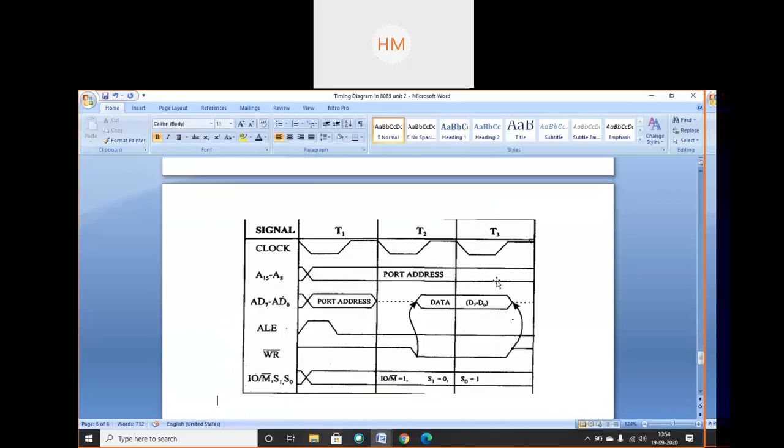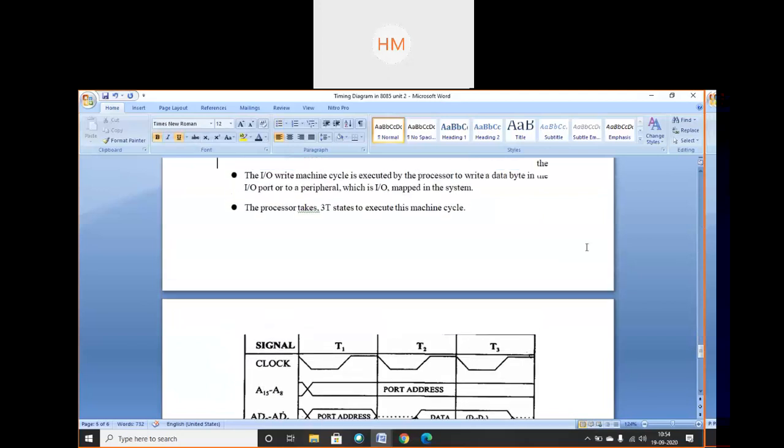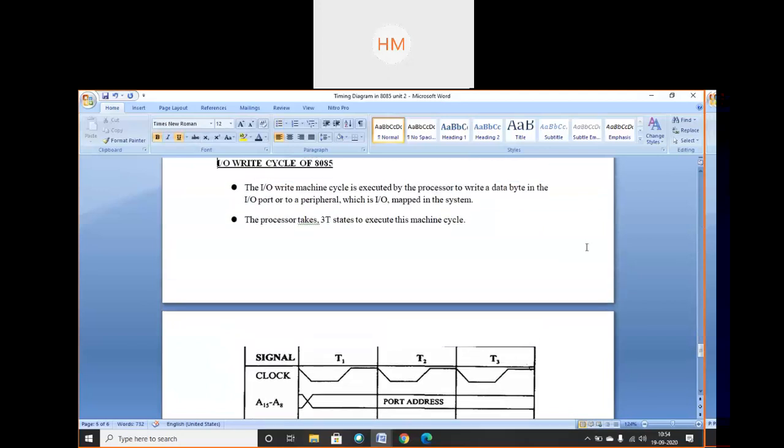Next, IO write cycle of 8085. Draw this in your copy. The IO write machine cycle is executed by the processor to write a data byte to the input output port or to a peripheral which is IO mapped in the system.